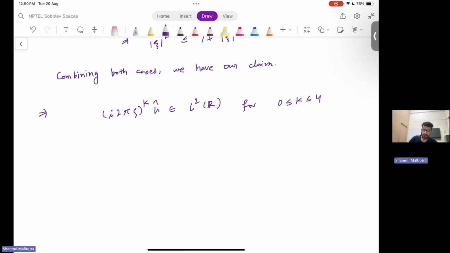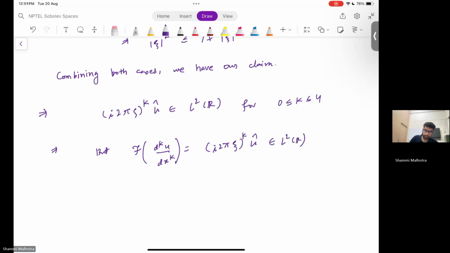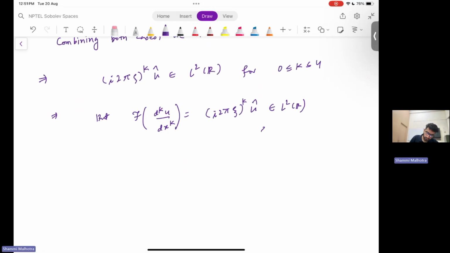And since that is the case, we know that the Fourier transformation of d^k u by dx^k is nothing but (iota 2 pi xi) raised to the power of k times u hat. But as we have shown, this is in L2(R) again for k from 0 to 4.